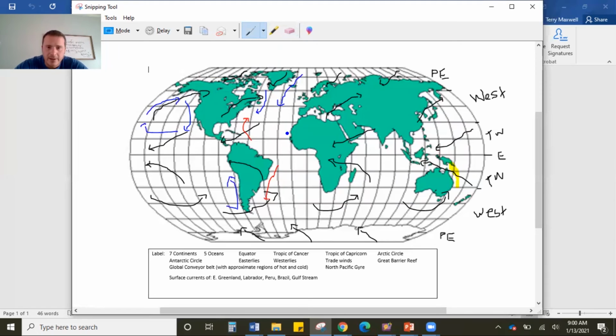Okay, so I want to take a look at the global conveyor belt, or that thermohaline that moves through the Atlantic and Pacific. We get motion coming down out of the poles here, moving along, down through south of Australia. Up. Get a little division through here.